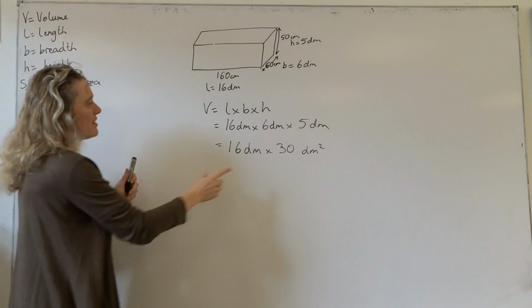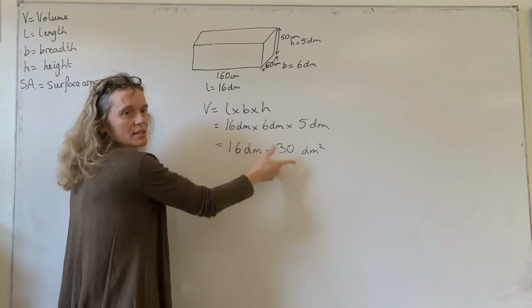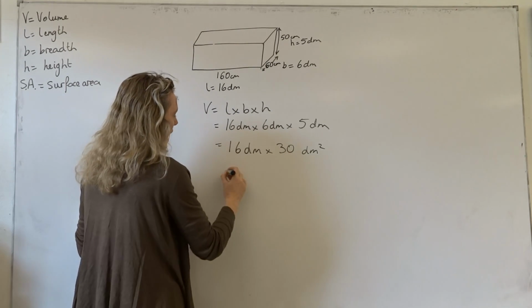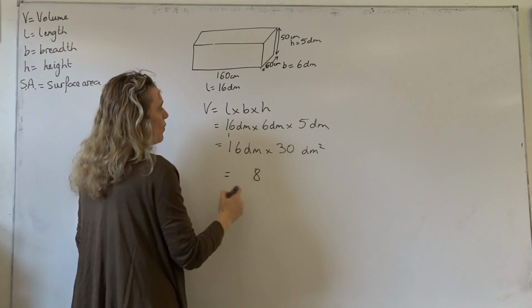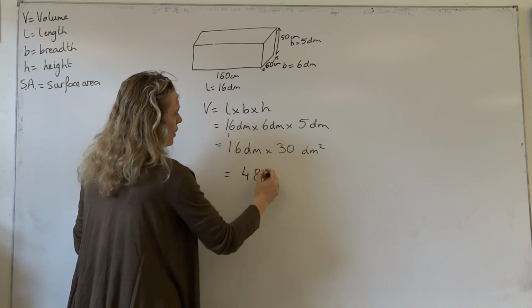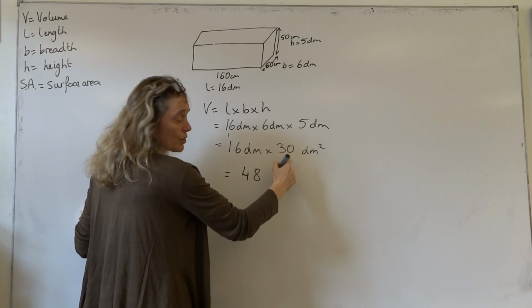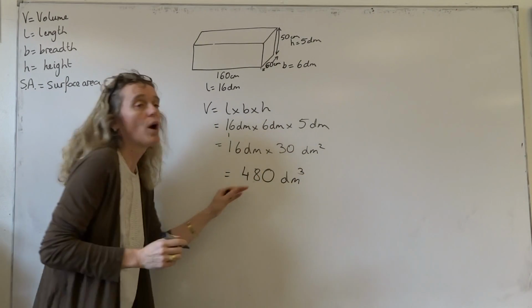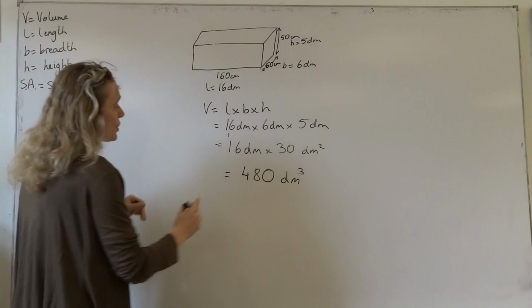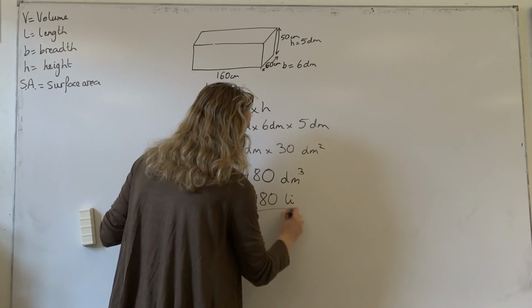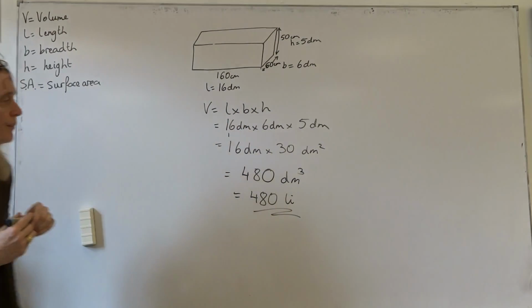The reason I've done that is because it's much easier to multiply 16 by 30. So let's do it quickly in our heads. 6 threes are 18, carry 1. 3 ones are 3 plus 1, 4. But we had a 0 here, so we have to put a 0 back in our answer. 480 decimetres cubed, which is the same as 480 litres of water.